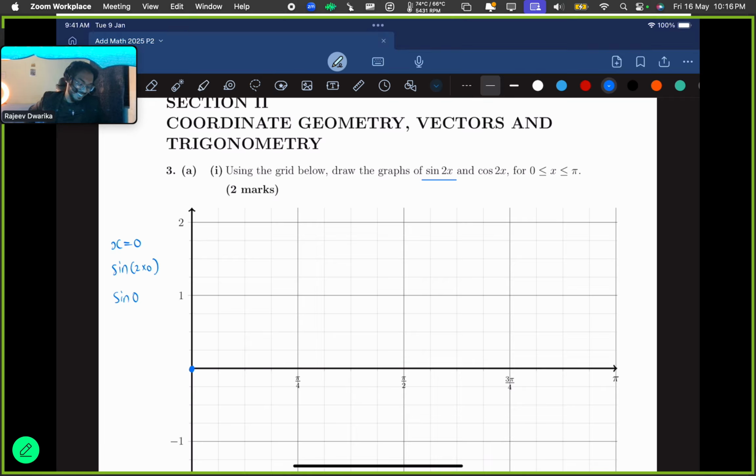So we understand that we have one point. Let's find another point, right? So we could plug pi over 4 into sine. So when x is equal to pi over 4, and since we're dealing with pi, we're dealing with radians. So whenever you're calculating anything here, you want to make sure your calculator is in radians. You have to remind the fellas to change back to degrees for the exam.